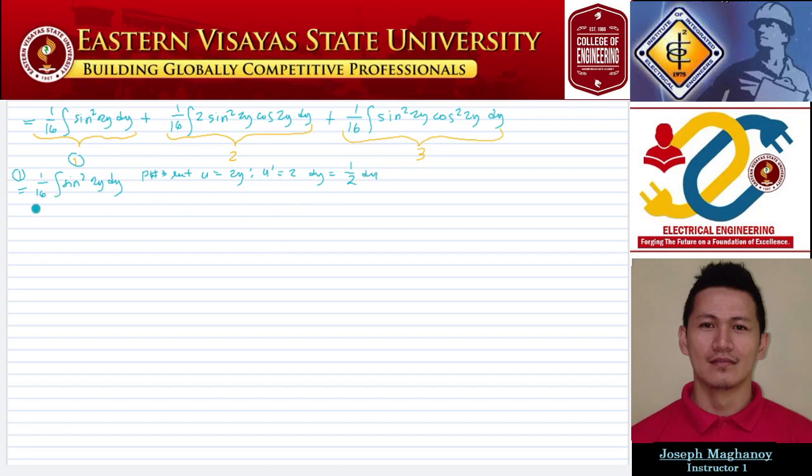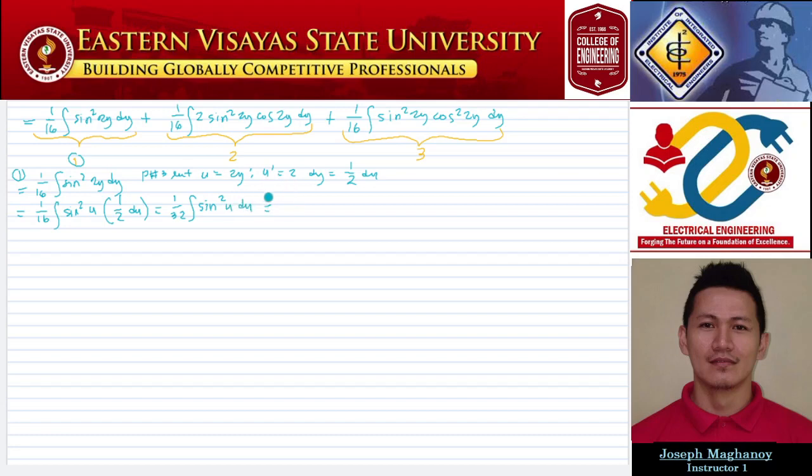Apply your correction factor to your function: 1/16 integral of sine squared u and your correction factor 1/2 du. So carry out your correction factor. That is 1/16 times 1/2, that is 1/32 integral of sine squared u du.